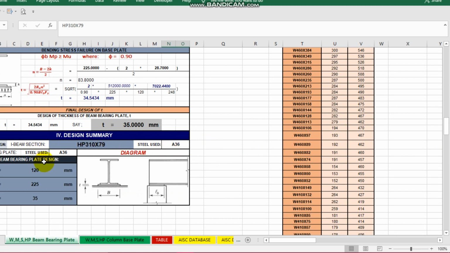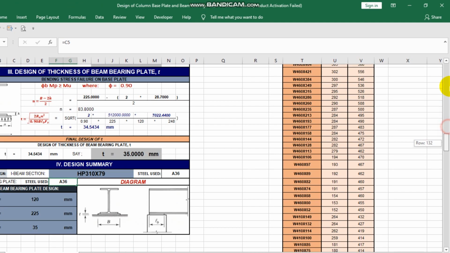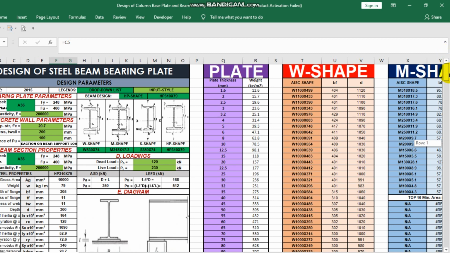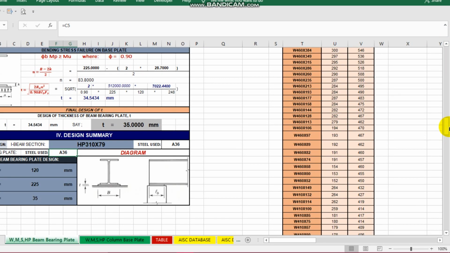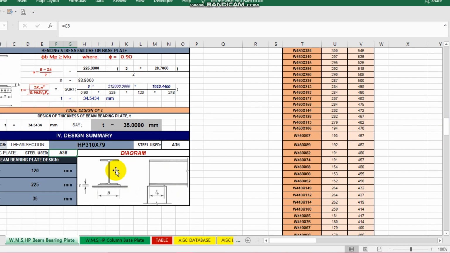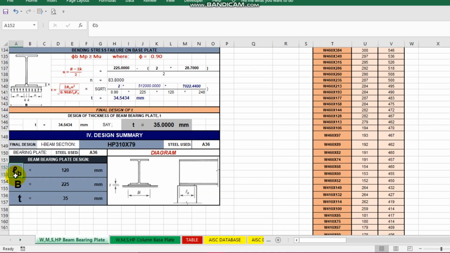For the bearing plate used, it is A36. So the beam bearing plate design: LB, or the length of the beam bearing plate, is 120 mm. For B, or the width of the beam bearing plate, is equal to 225 mm. For the thickness, it is equal to 35 mm.